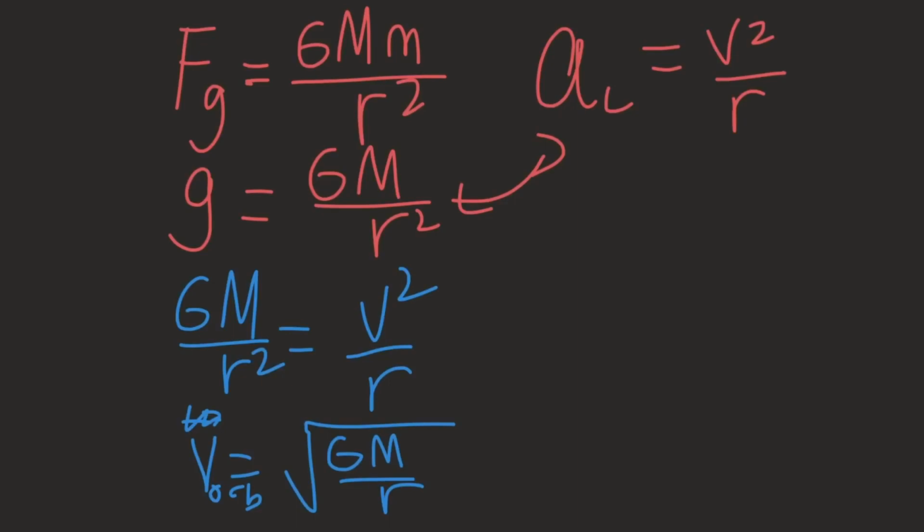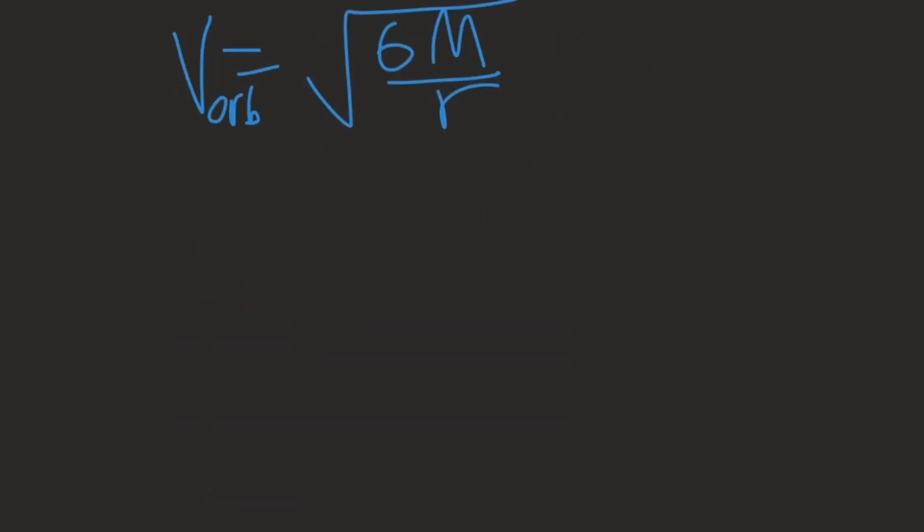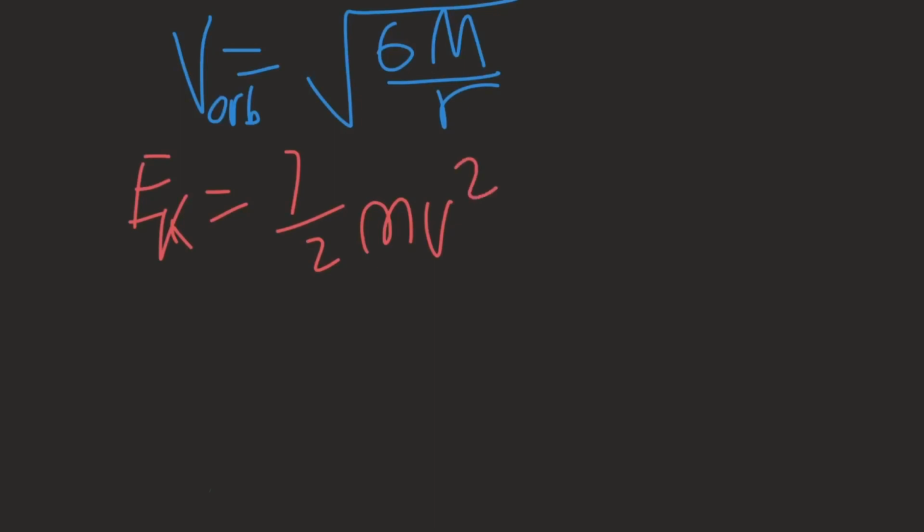Now, kinetic energy. Let's say we want to find the kinetic energy, now that it is in orbit. So, we know that the kinetic energy is equal to 1/2 mv squared. Now this m is a little m, since we know the velocity, we're just trying to find the kinetic energy now of this object that is rotating.